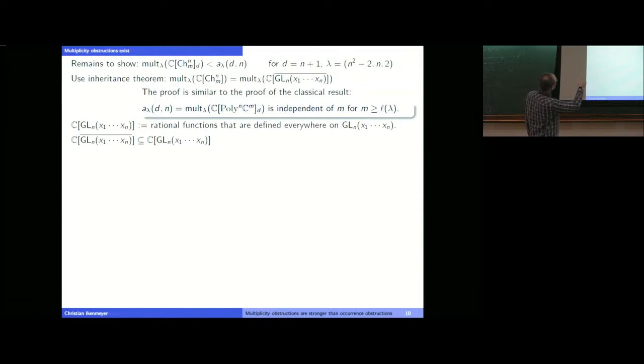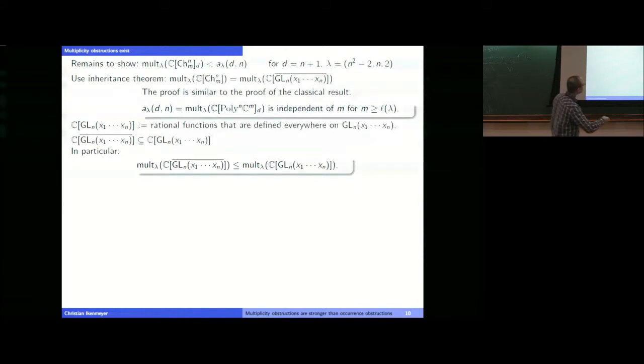And look at rational functions here on the orbit, which are potentially more functions than on the orbit closure, because you allow the same functions, but now you also might have poles at the boundaries. So this gives you potentially more functions, and these are things that one can have a handle on. So there's an inequality.